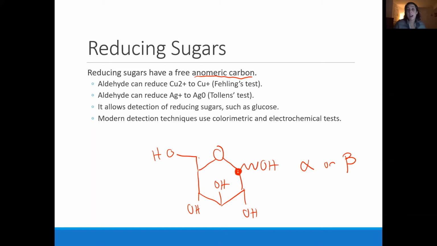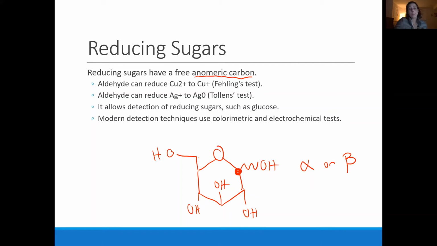Similarly, you can use the Tollens Test, which does the same thing except utilizes silver here, going from silver +1 to neutral silver. Again, the change in this charge represents that you do have a sugar with a free anomeric carbon. You have a reducing sugar.